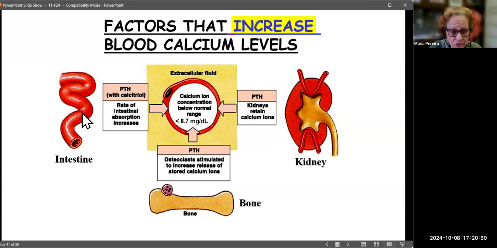That means more calcium is absorbed from the lumen of the gut into the blood. Is that clear? So that's why the gut is so important.